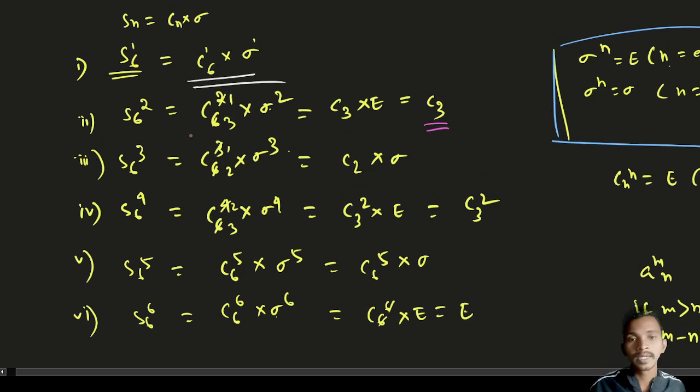So to get the identity element, to get the same elements, how much do we have to do? We have to do SNN.